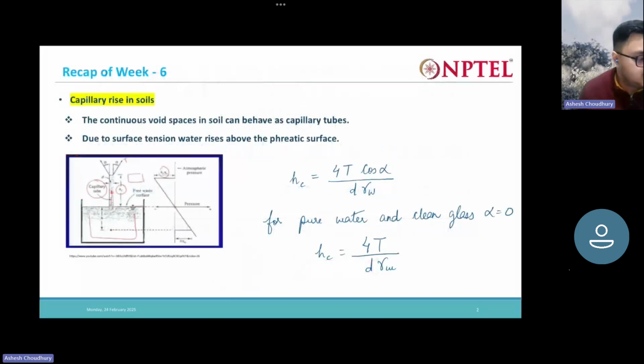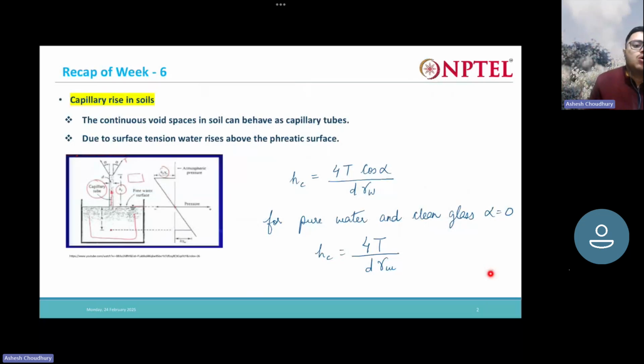Before that, let us see what is capillary rise in soils. The continuous voids present in soil can behave as capillary tubes. The soil mass, as you know, is made up of the soil grains and the pore structure, and these interconnected pores behave like a capillary tube.